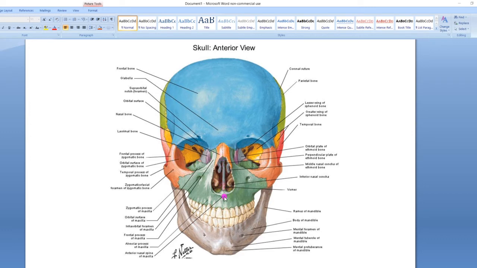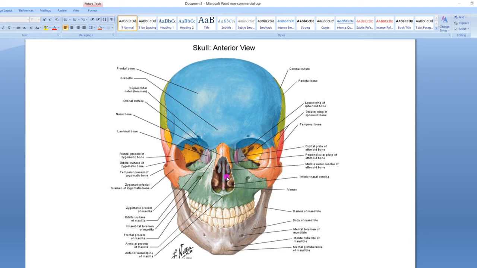It's a divider. Now, any divider is called a septum. Septums are going to split things in two. Just think septum splits. So this divider in our nose is called the nasal septum.